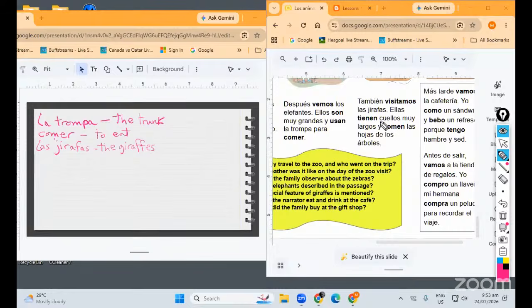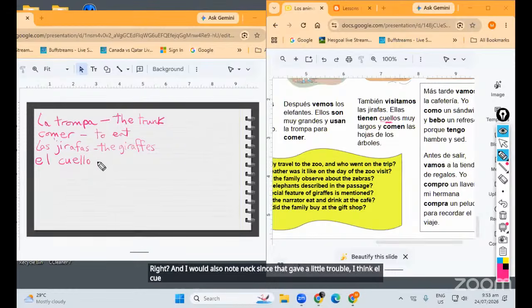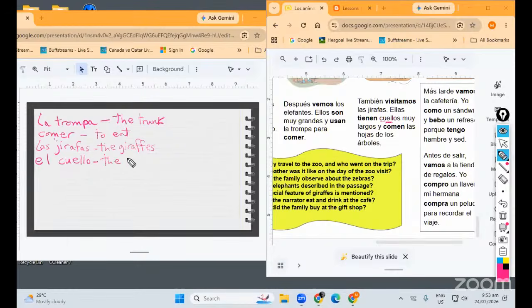Right? And I would also note neck, since that gave a little trouble, I think. El cuello, the neck, right? Oh, and below it, we have las hojas de los árboles.